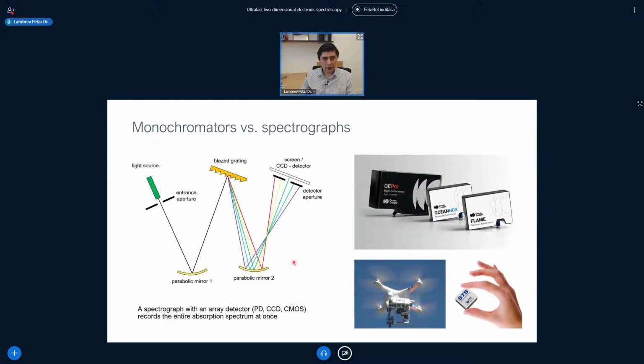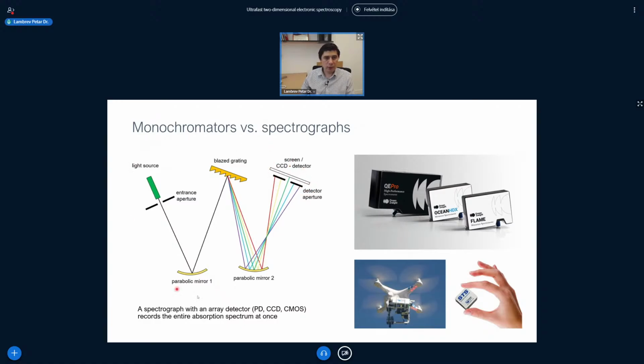If we look closely, the monochromator principle is this, that we shine the broadband light on a dispersive element, a grating or a prism, that disperses the light onto a slit. But if we remove the slit or aperture here, and instead put an array detector like a digital camera, then we can measure all the wavelengths at once.